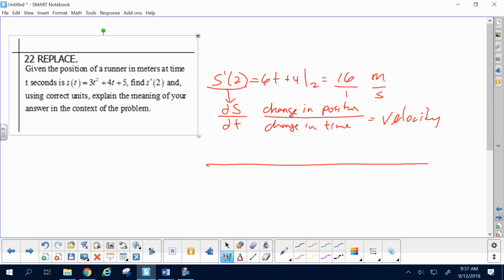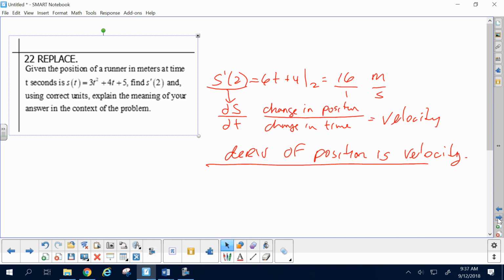The big idea then is the derivative of position is velocity, because the derivative is a rate of change. The rate at which position changes is the same as velocity. So what's the derivative of velocity? What's the change in velocity over time? What do we call that? Acceleration. The derivative of velocity is acceleration.